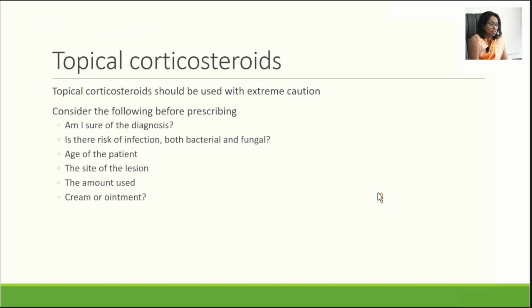Coming back to topical corticosteroids, this is where I want to go to town. Topical corticosteroids should be used with extreme caution. Now, one funny thing I had noticed is some doctors are giving hydrocortisone and betamethasone and asking the patient to mix the two and use.